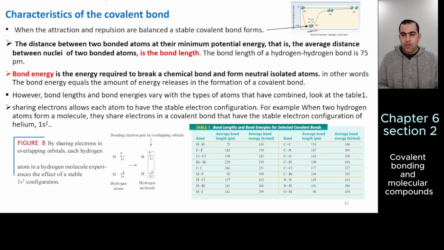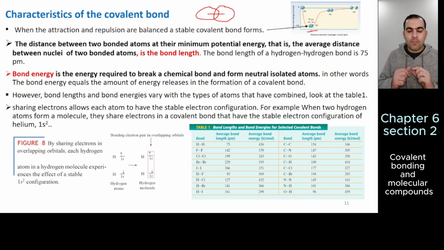Look, guys, when two hydrogen atoms bond, as an example, the distance between the nuclei of two bonded atoms is called bond length. But we measure it at their minimum potential energy, so we measure the distance between two hydrogen atoms when they have the least potential energy.